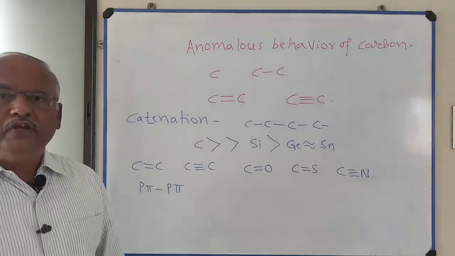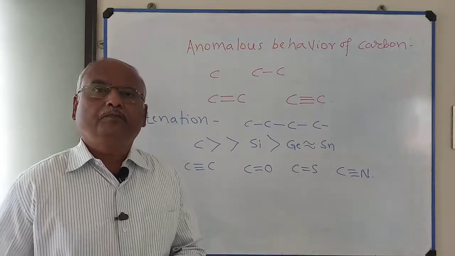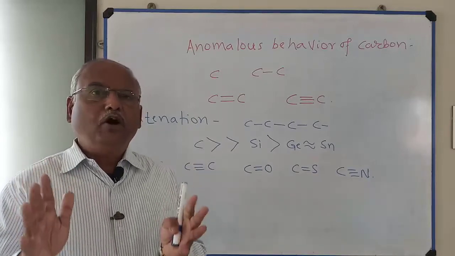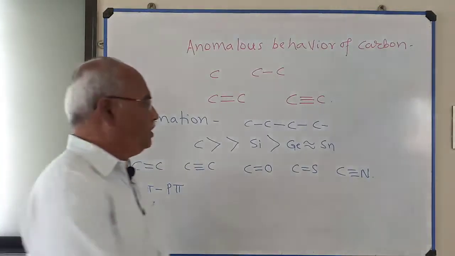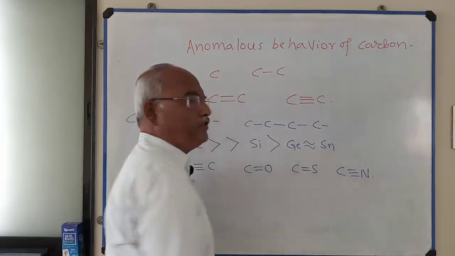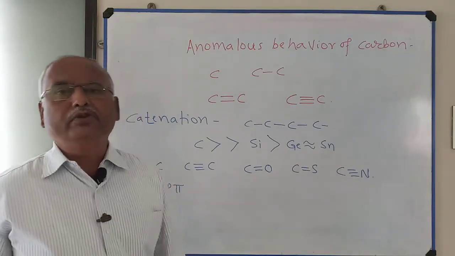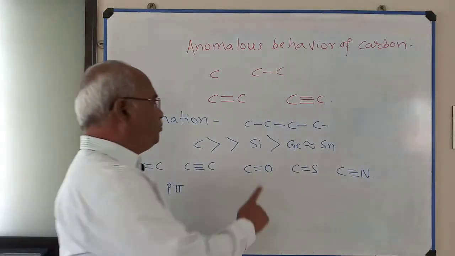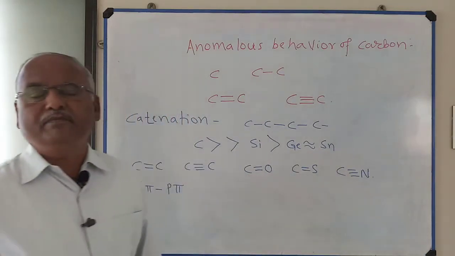Carbon forms multiple bonds with atoms having smaller size and higher electronegativity. Oxygen, sulfur and nitrogen have smaller size and higher electronegativity. Therefore, carbon forms multiple bonds with these elements.